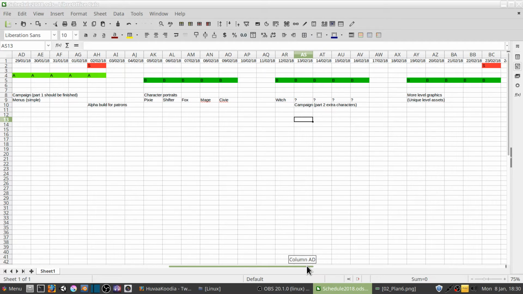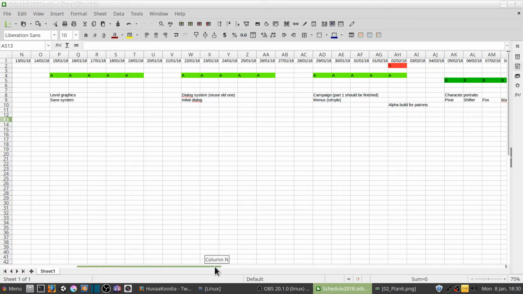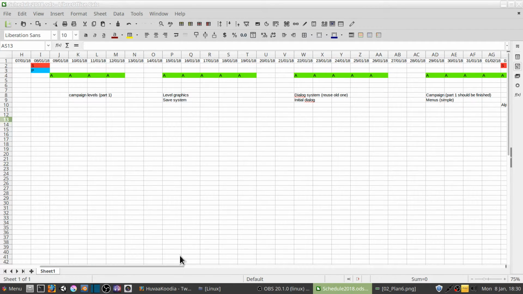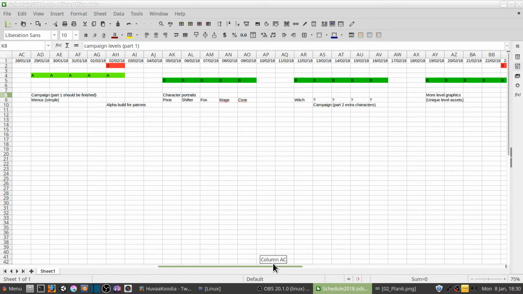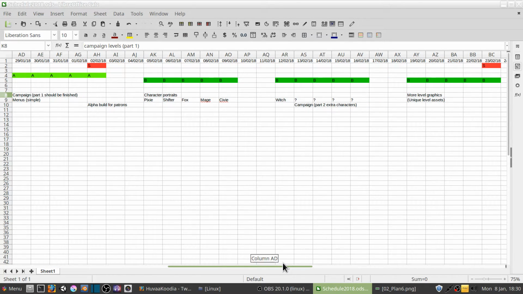But here's the problem: if I do have 2 parts, then I do need more levels. When am I gonna make those levels? Well, you know what, let's do this. Then feed.